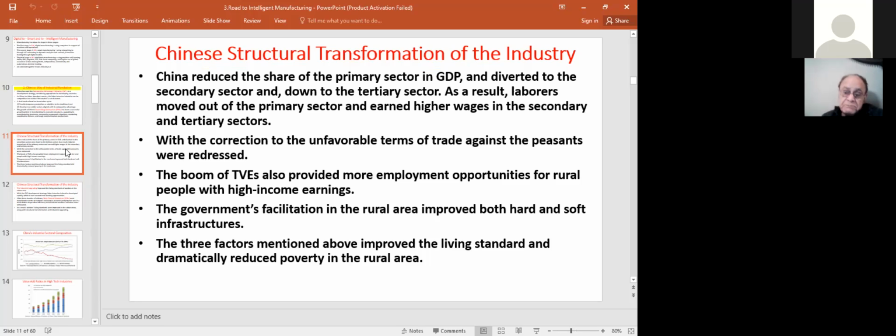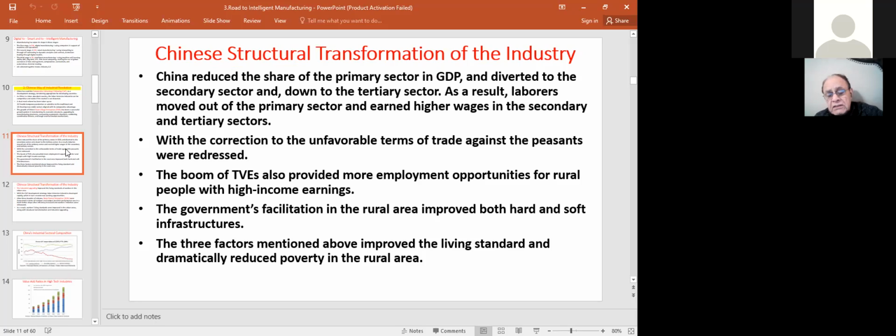By doing this, they employed a lot of cheap labor, and they could sell their products at a cheaper rate in the international market. So town and village enterprises, TVEs, they call it. These town village enterprises are like SMEs in Pakistan, small and medium enterprises. But they called it town village enterprise.